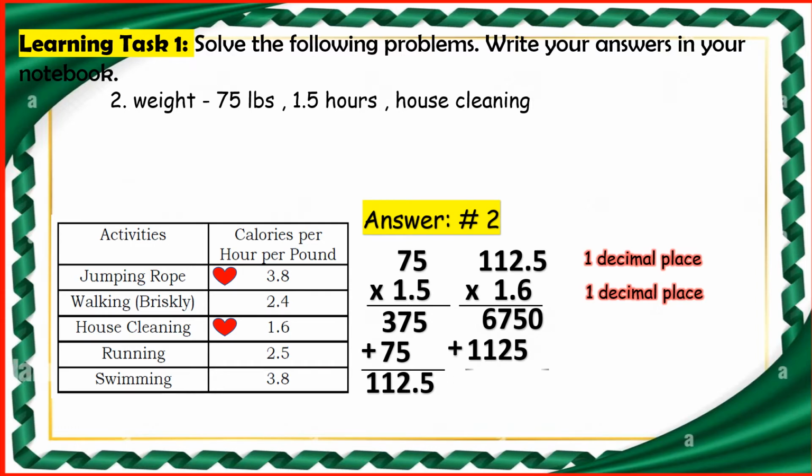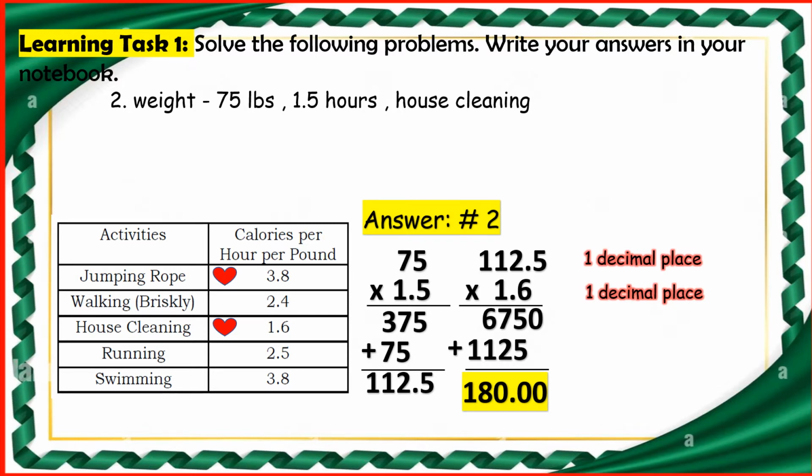And then let us add. So 6,750 and 1,125. Let us bring down 0. Then 5 plus 5 is 10. So we put 0 and carry 1. 7 plus 2 is 9, plus 1 is 10. So 0, carry 1.